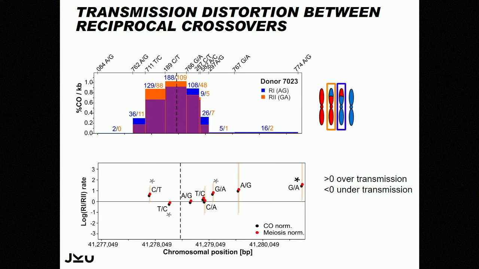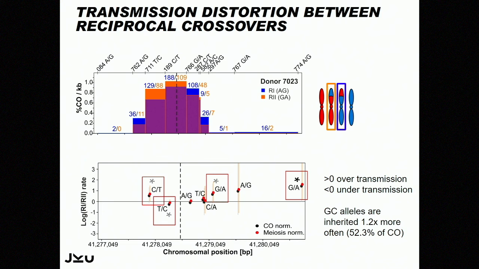If you have greater than 0, it means that you're segregating more the C versus the T at this position. And if it's under 0, it means that you're under-transmitting the T and over-transmitting the C. And so now we compared it, and you see that when you have under- or over-transmission that is significant, it's always biased towards this G or the C. That's the case in all these marked cases.